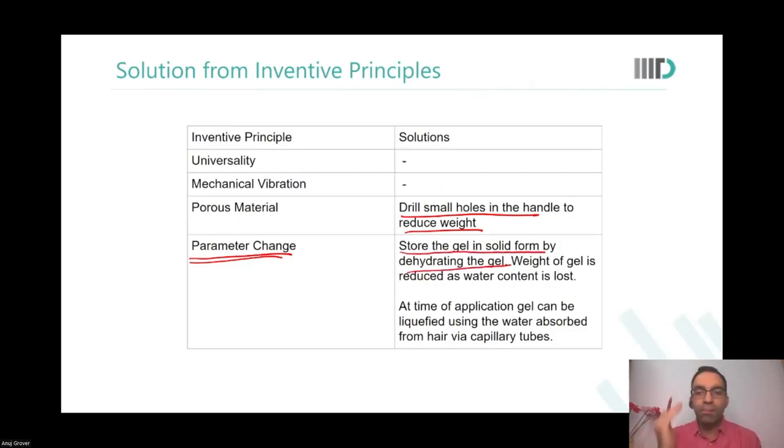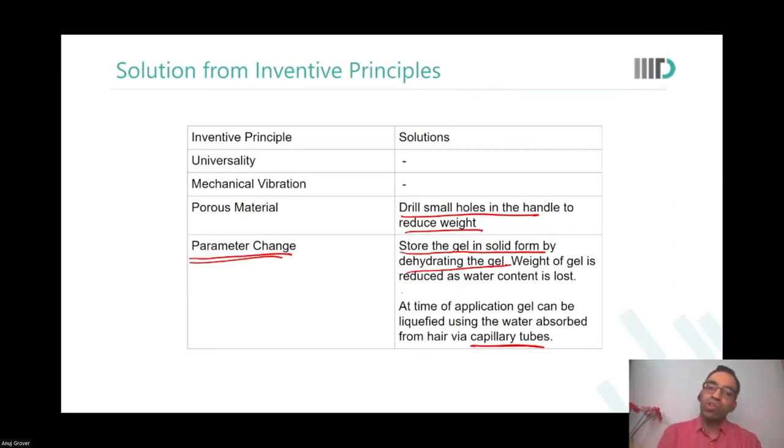Now, when you are combing wet hair, you would get water from the hair itself. That water, you use capillary action. Use capillary action to get the water into your gel, and then this gel gets released, and you can comb your hair, style your hair with that.